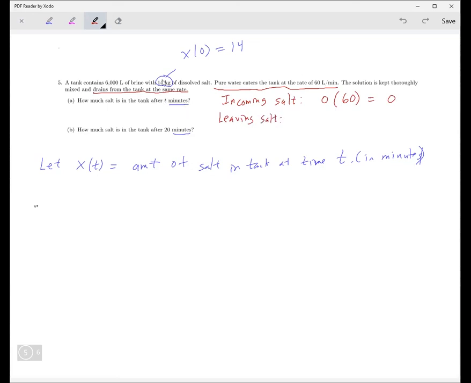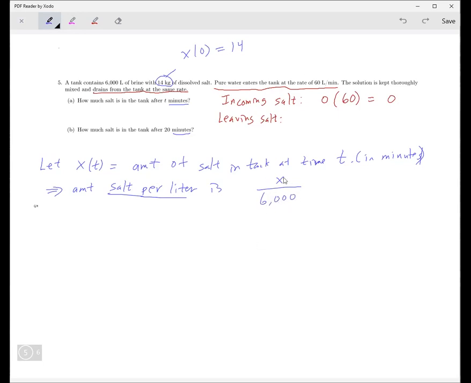It's the amount of salt per liter. Let me think. So X is the amount of salt in the tank, then the amount of salt per liter is X over 6,000.